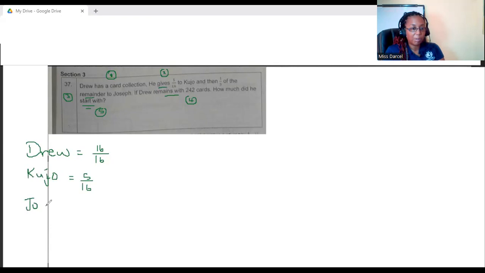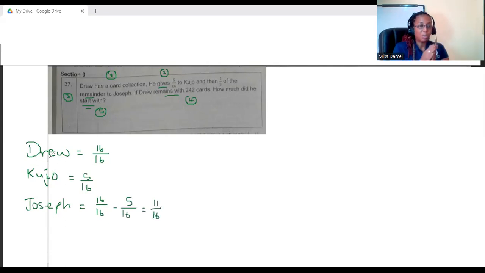Joseph, therefore, will get a share of the remainder. So that remainder is 16/16 minus 5/16. All right, so Drew had 16 out of 16. He gave Cujo 5 out of 16. So therefore, he remained with 11 out of 16.